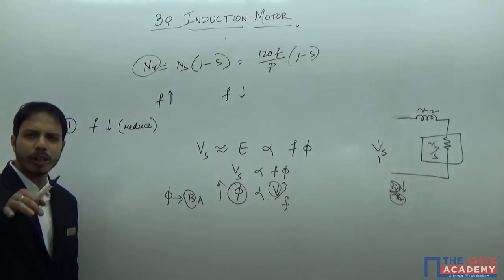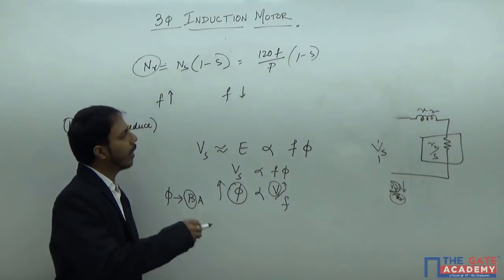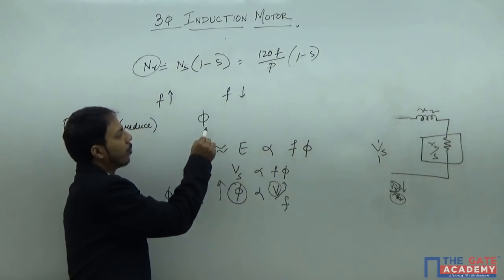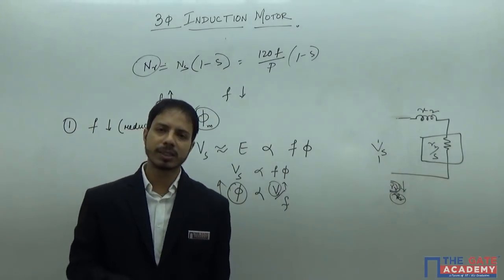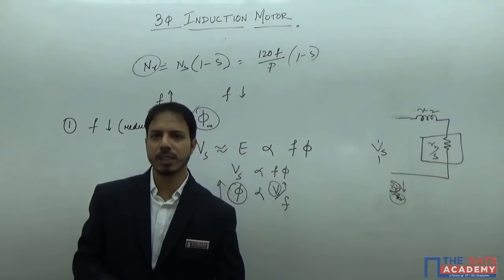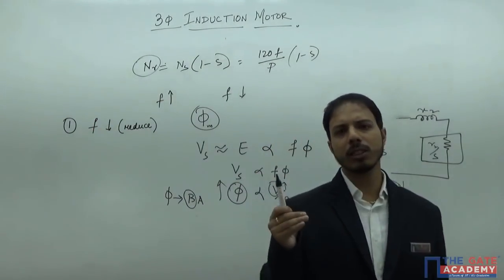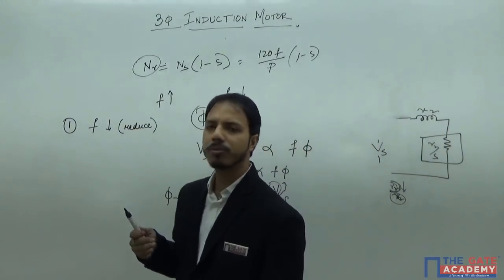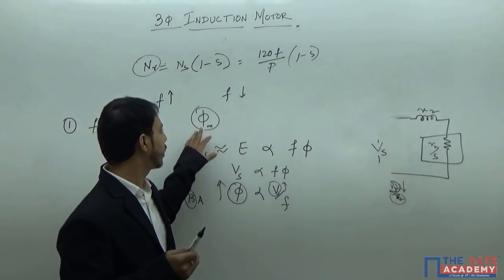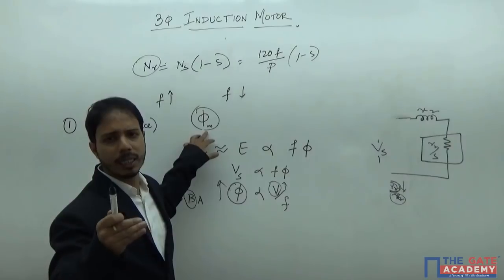I do not want to go into that topic. What I want you to realize is that I should never work my machine beyond the maximum flux, that is, into the saturation area. I should work at most at the breaking point, which is the highest value of the linear region.